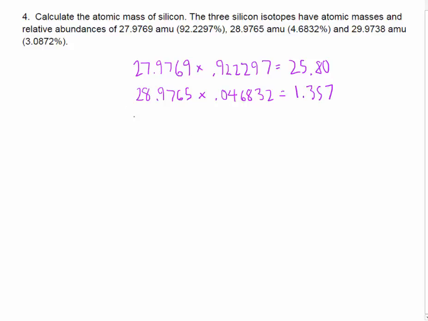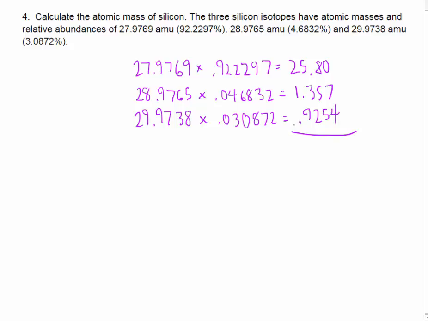And then finally, the isotope that has a mass of 29.9738 has a percent abundance of 3%, which is 0.030872, and that gives us 0.9254.